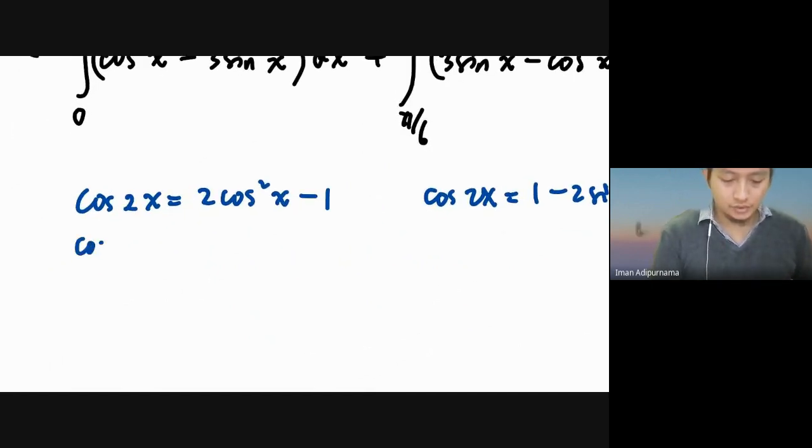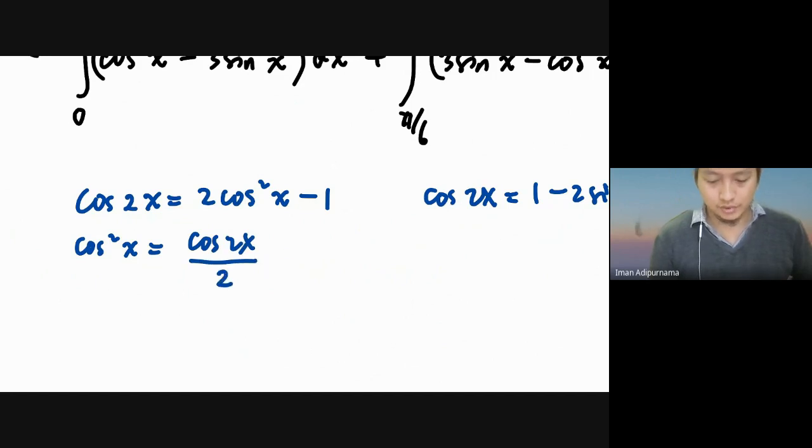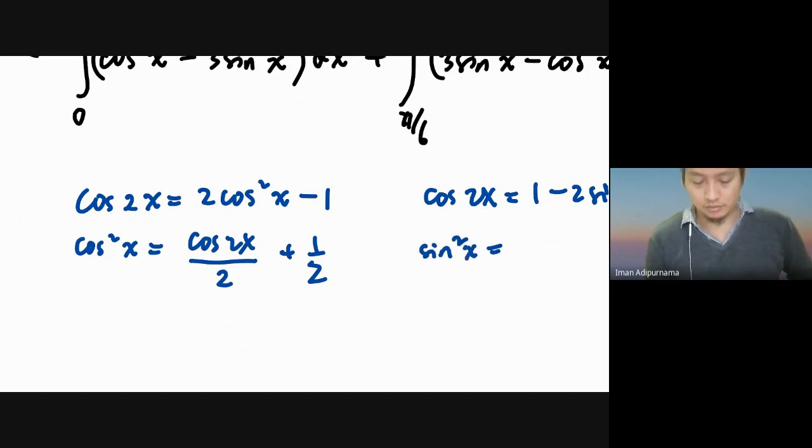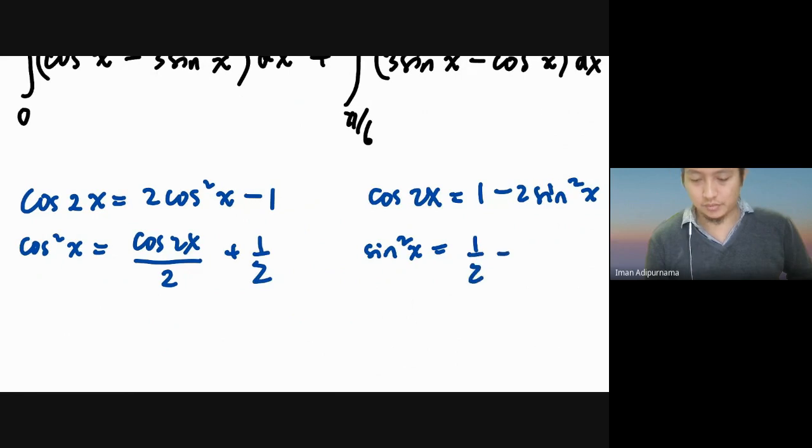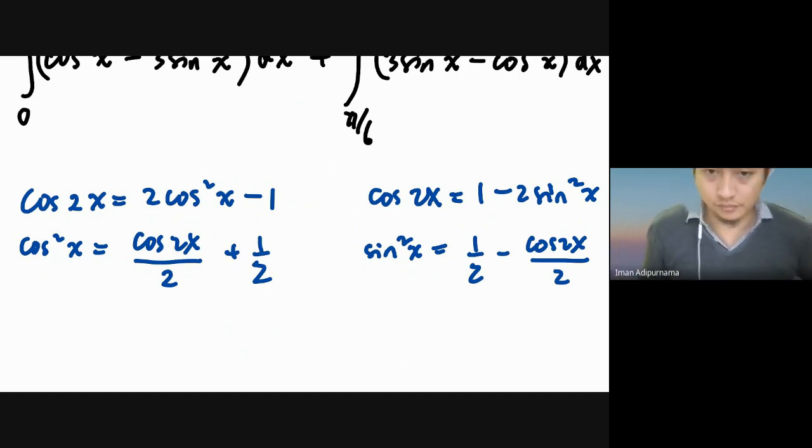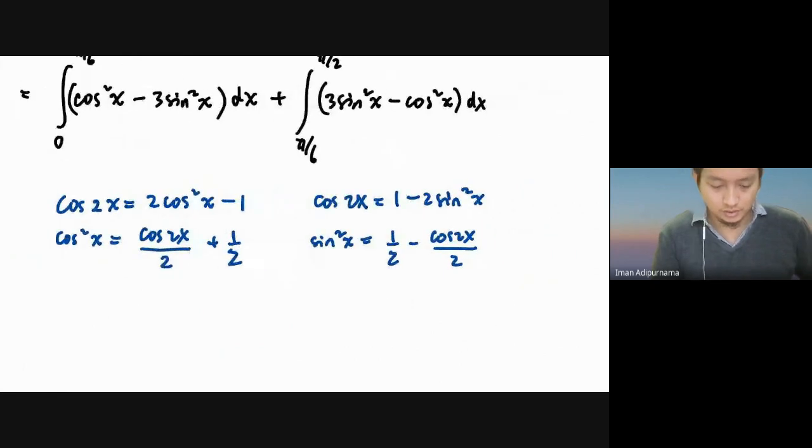Then you will have cos squared x is cos 2x over 2 plus half. Okay. And sine squared x will be half minus cos 2x over 2. Okay. Now we can solve the integral.